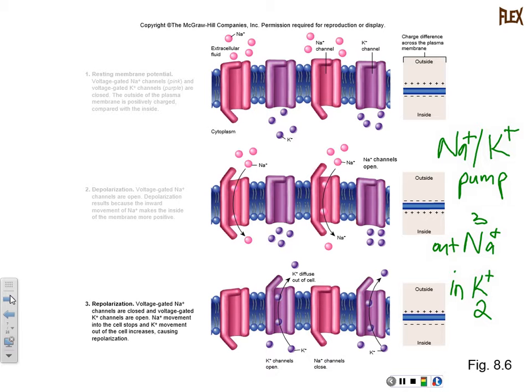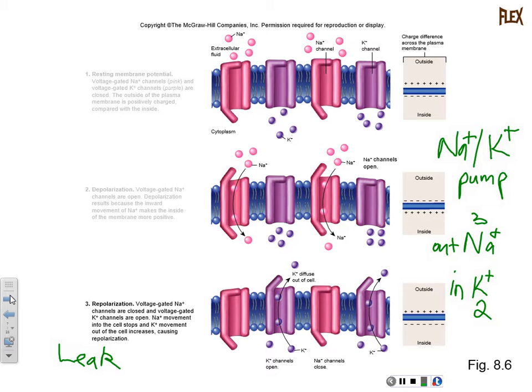So far I've talked about ligand-gated potassium channels, ligand-gated sodium channels, voltage-gated sodium channels, and then voltage-gated potassium channels. There are other channels that we will introduce a little bit more when we talk about action potentials, called leak channels.